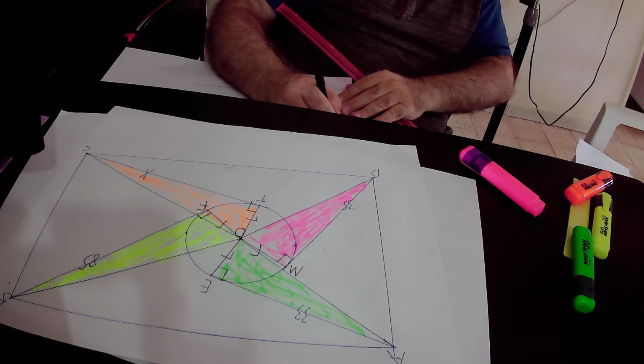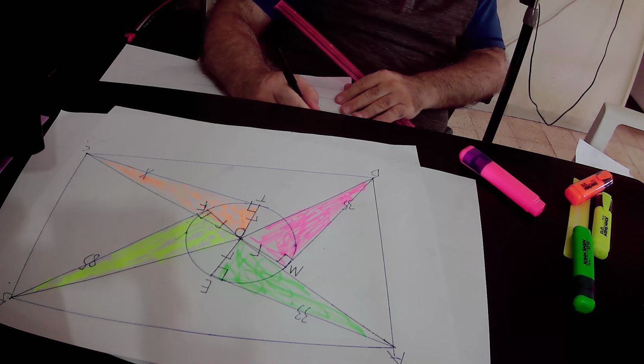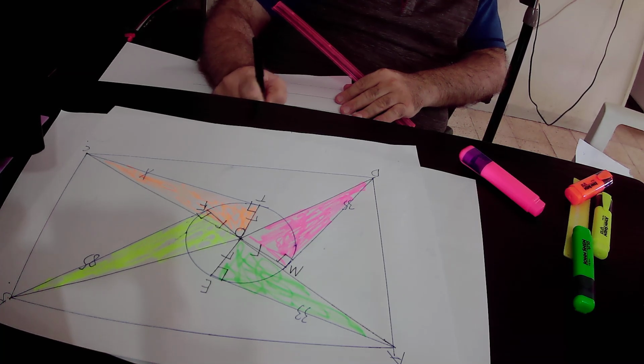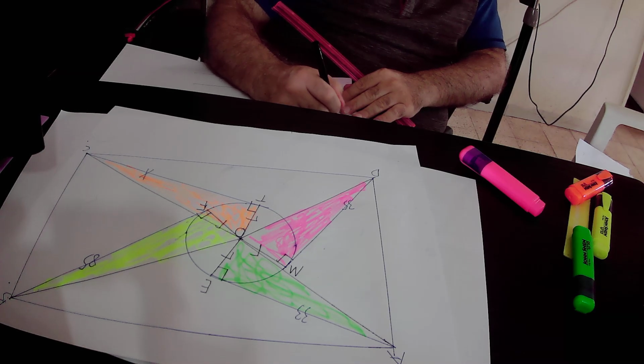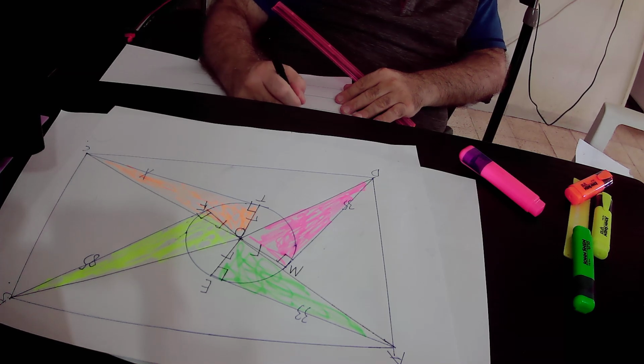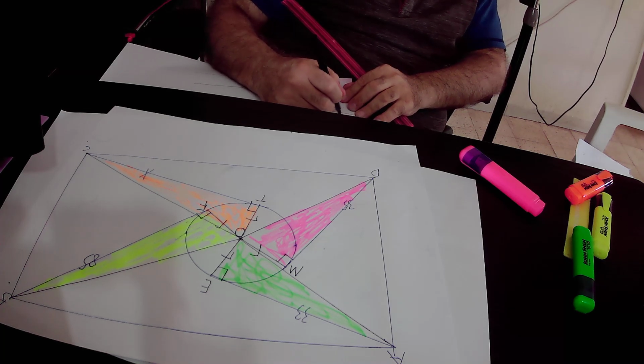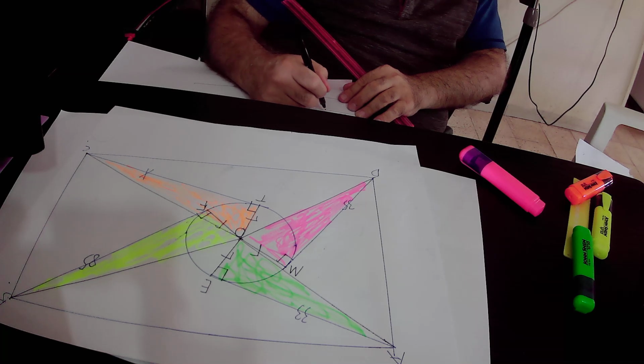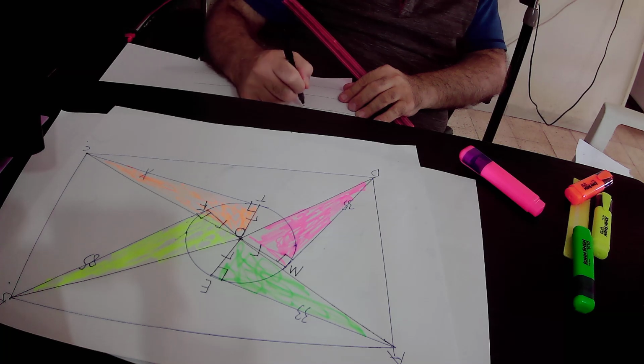According to equation number 2, BO squared equals R squared plus 85 squared. According to equation number 3, CO squared equals R squared plus X squared. And finally, according to equation number 4, DO squared equals R squared plus 35 squared.